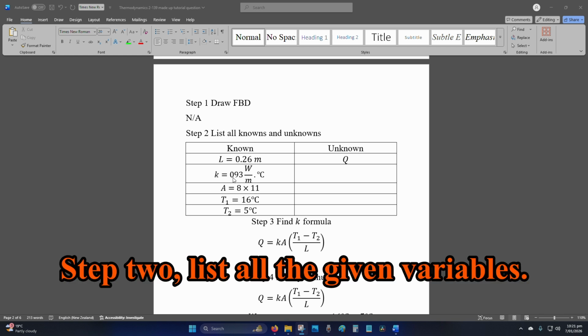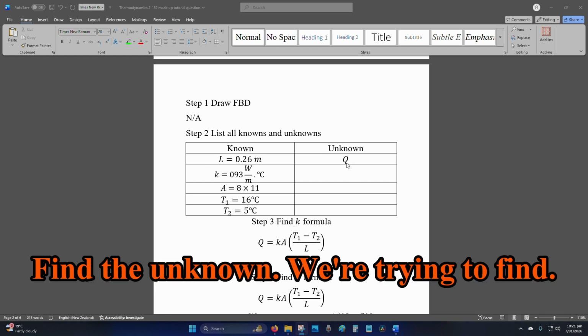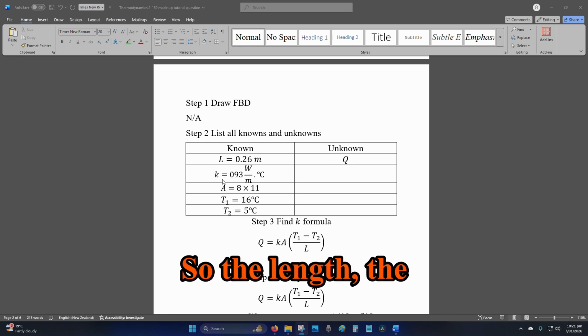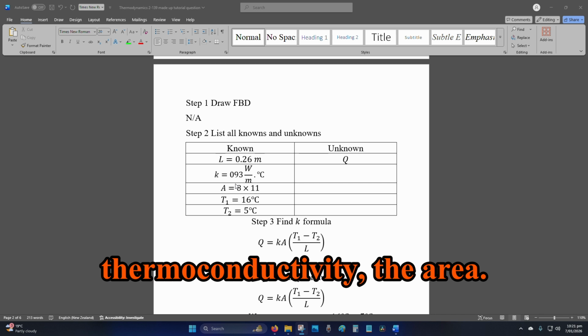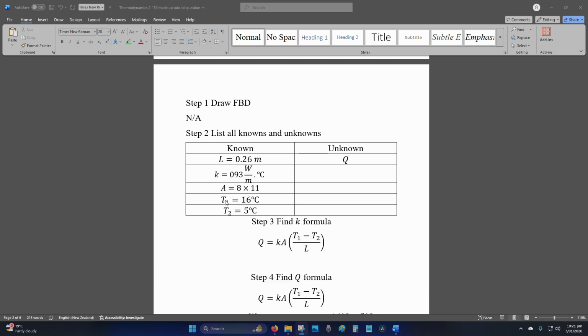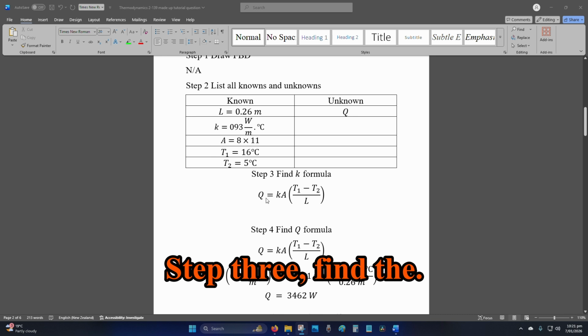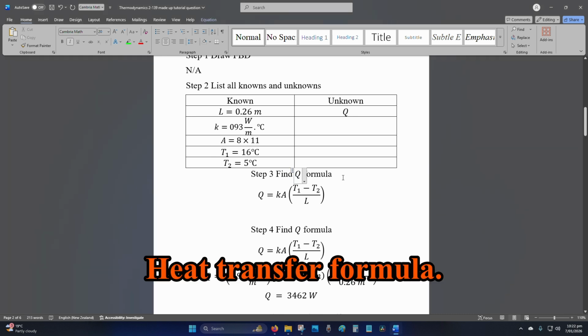Step 2, list all the given variables, find the unknown. We're trying to find the heat transfer. So the length, the thermoconductivity, the area, and the two temperatures respectively. Step 3, find the heat transfer formula.